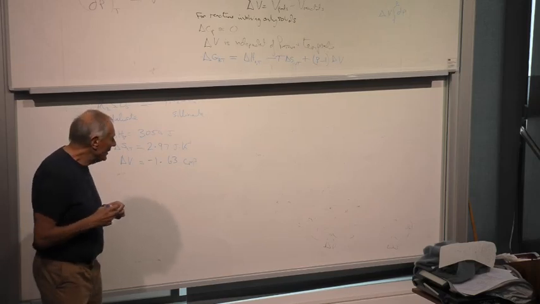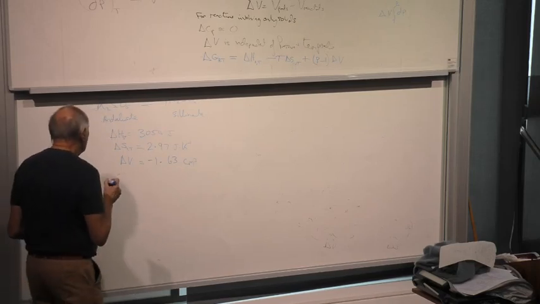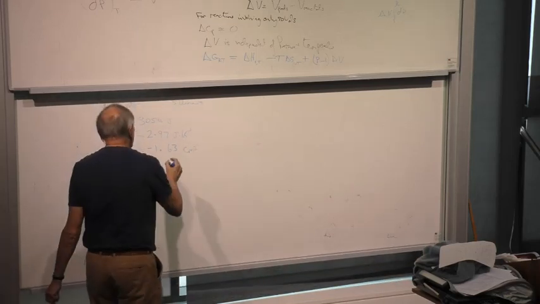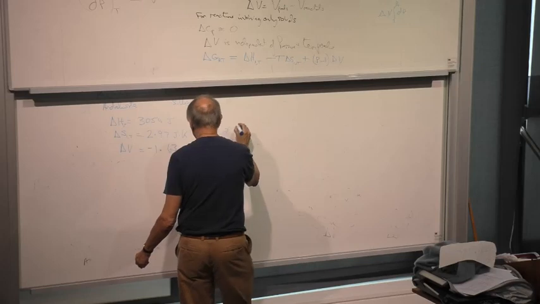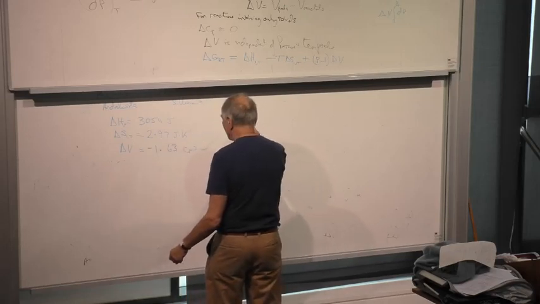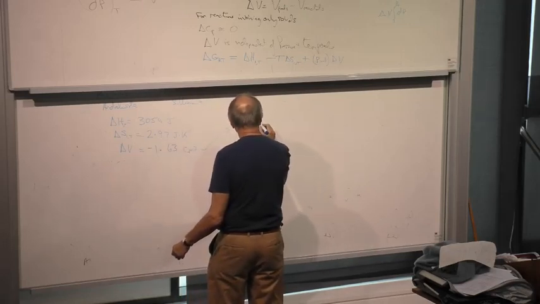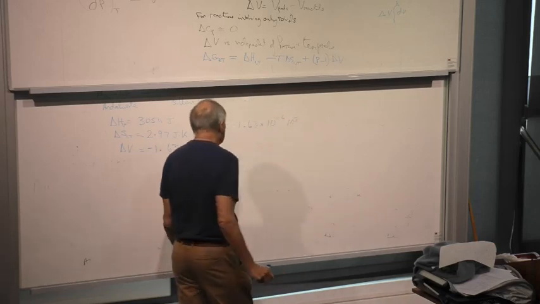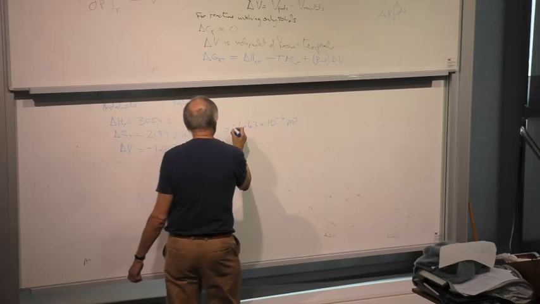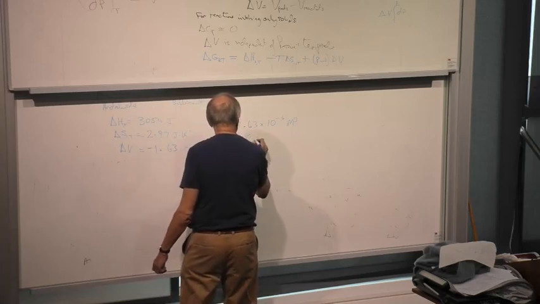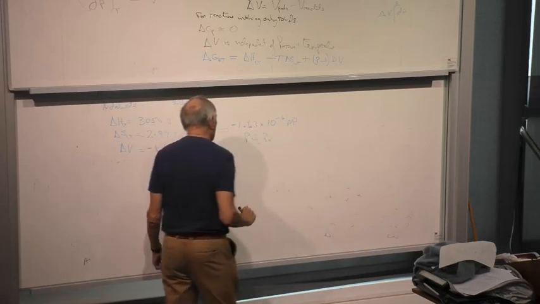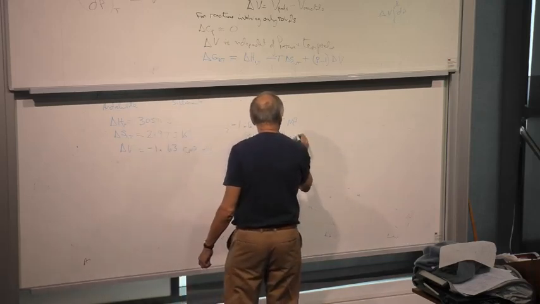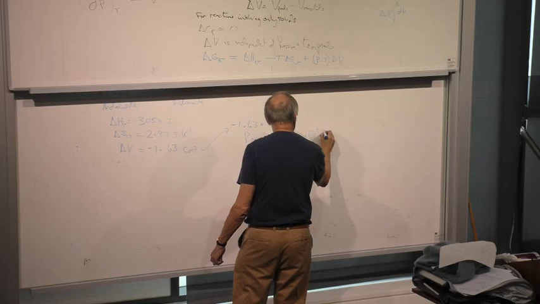Okay, so this is minus 1.663 times 10 to the minus 6 meter cubed, and we can put in pressure in pascals. And 1 bar, of course, is 10 to the 5 pascals.